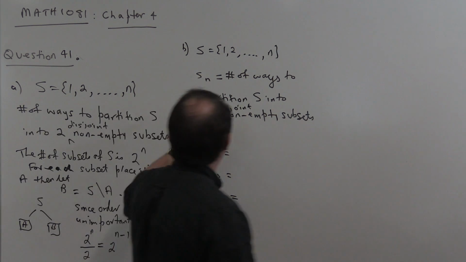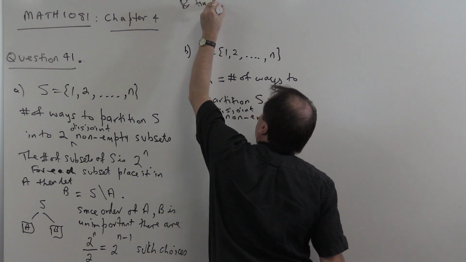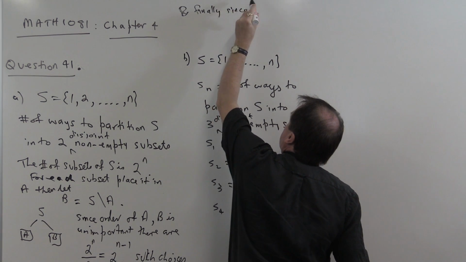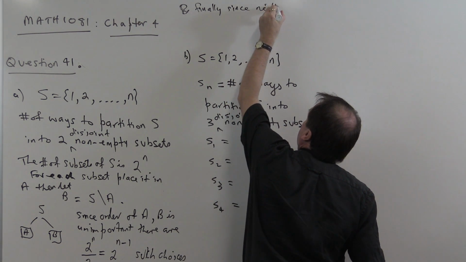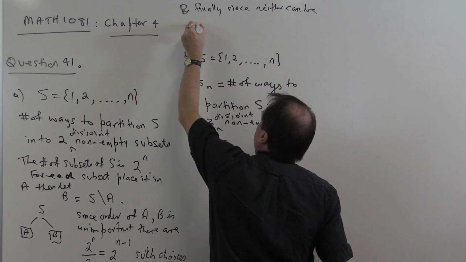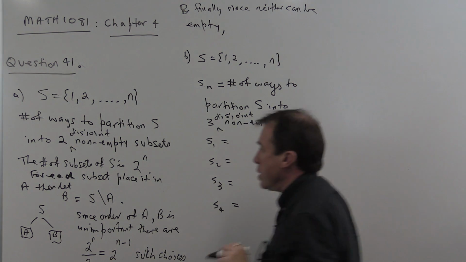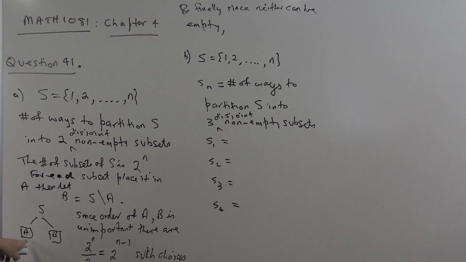And finally, since neither can be empty, you may have chosen the empty set and plonked it in there and put S in there, or you may have chosen all of S there and put the empty set in there, but that's not allowed.